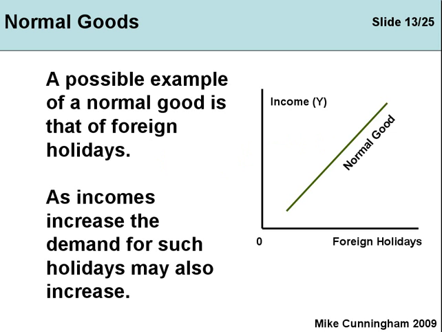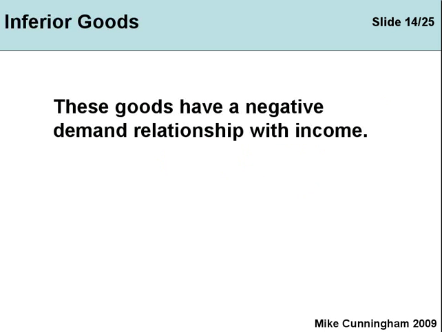It's a normal good. As income increases, the demand for foreign holidays increases. That's a particular type of curve called an Engel curve, which we'll come to later on.